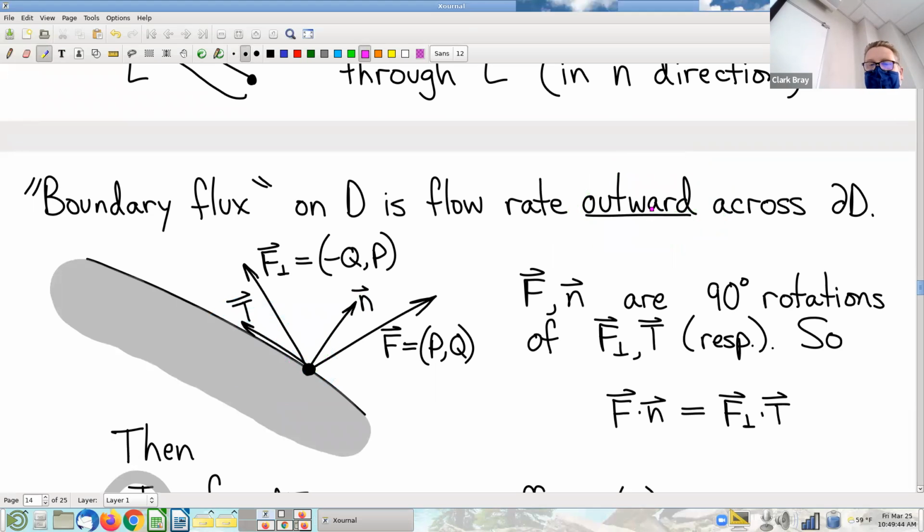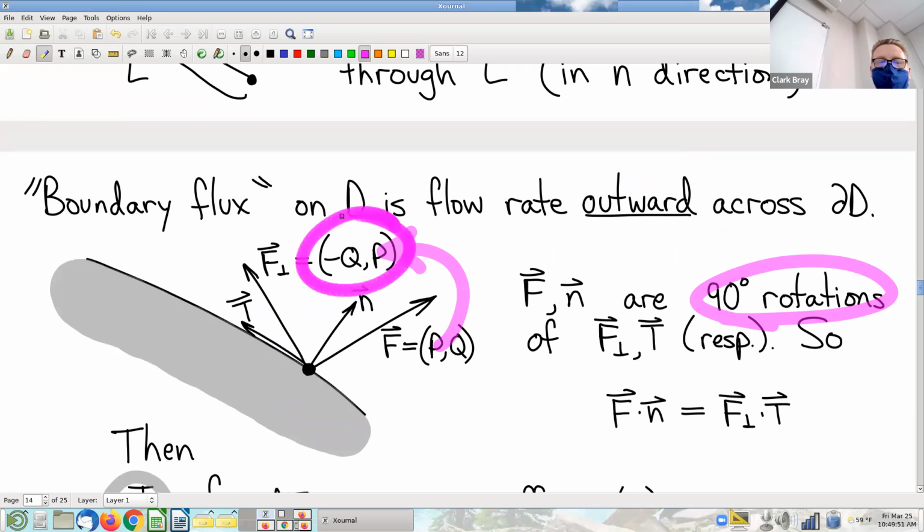Okay. And by the way, how do you rotate something by 90 degrees? This is a linear algebra thing. We talked about this earlier in the semester, but also it's just a refresher from Math 218. Rotations are a linear transformation, which means you can do it with a matrix, and it's an easy matrix to write down.